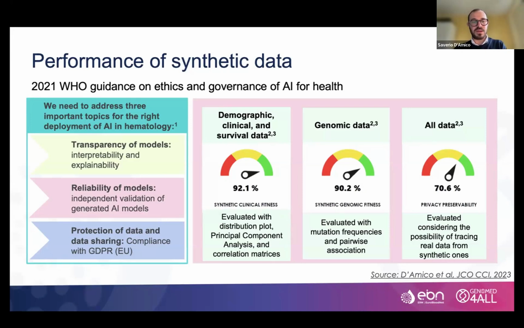And this time the best range for this privacy metric is not 100%, but something between 60 and 80%, because of course if we have 100% privacy, we have a totally, completely different data set without any strong relations with the real one. And on the other side, if we have 0% privacy, we have a completely identical copy of the real data. So for the privacy metric, we need to reach a trade-off between utility and privacy.